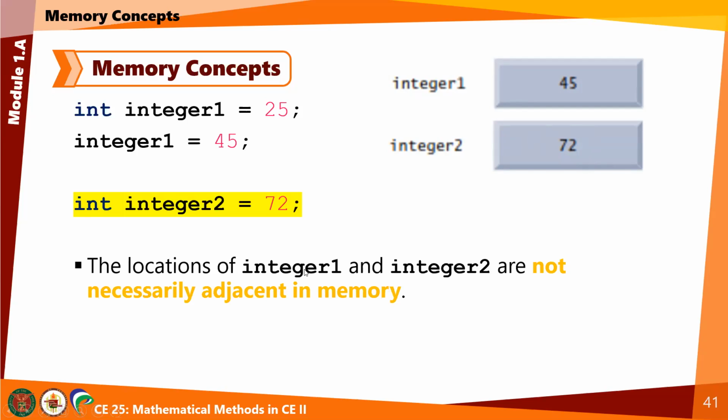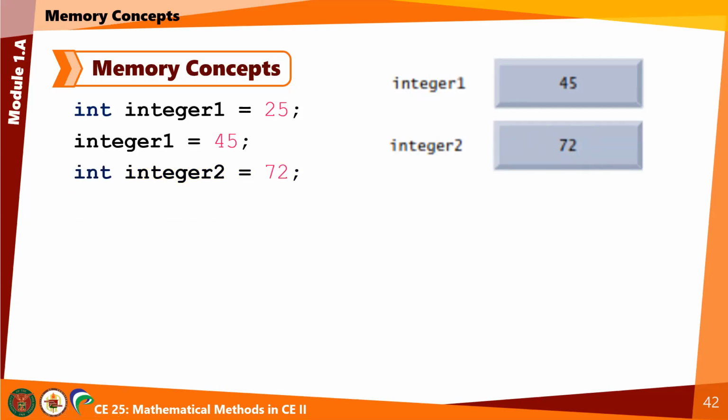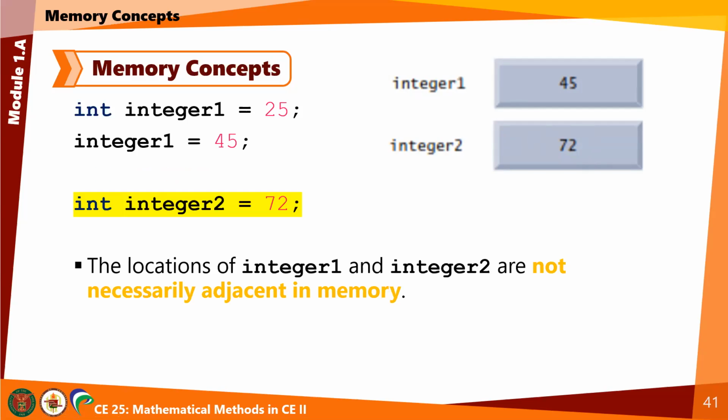The locations of integer 1 and integer 2 are not necessarily adjacent in memory. We'll discuss more of this when we go to pointers, which is the last module that you will have, wherein you can manipulate the address of the memory. It's exciting. Manipulation ng address. Pero more of that in the next modules.